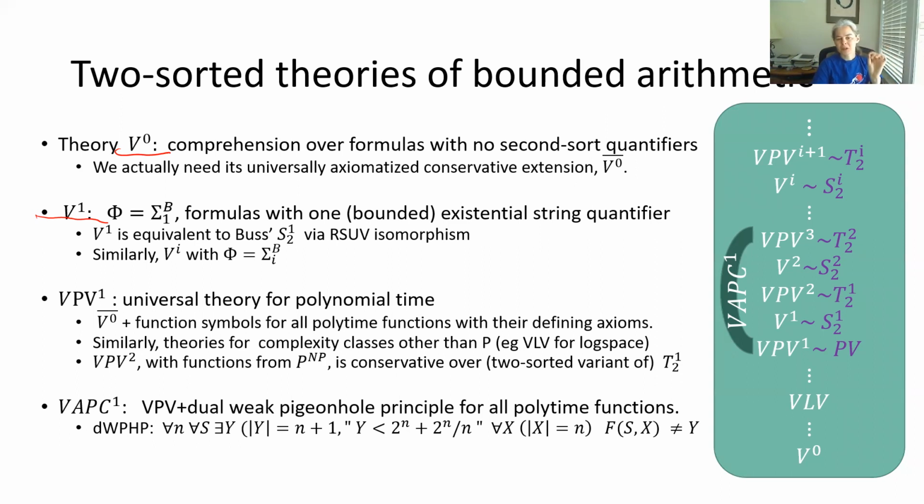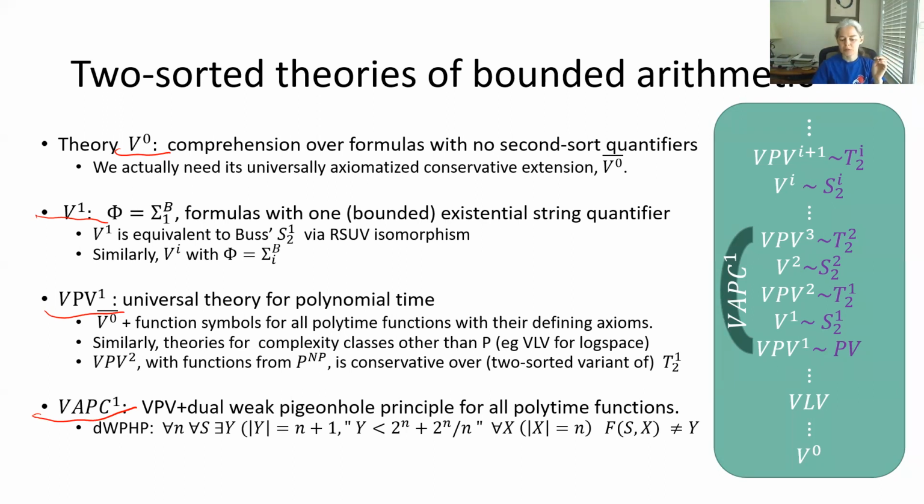For sigma 1 definable formulas, with an existential quantifier, it captures polynomial time. To capture polynomial time a little bit more tightly, well, it's not known but believed to be tighter, we will be talking about the series where we just throw in all the polynomial time functions, or whichever functions we want, and get a theory where basically all the terms are of exactly the complexity that we want.